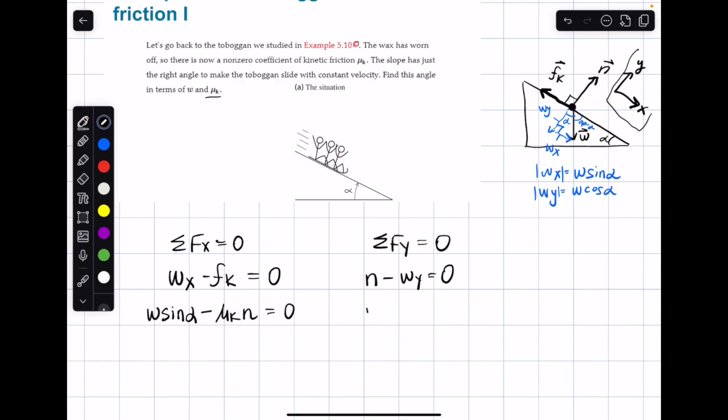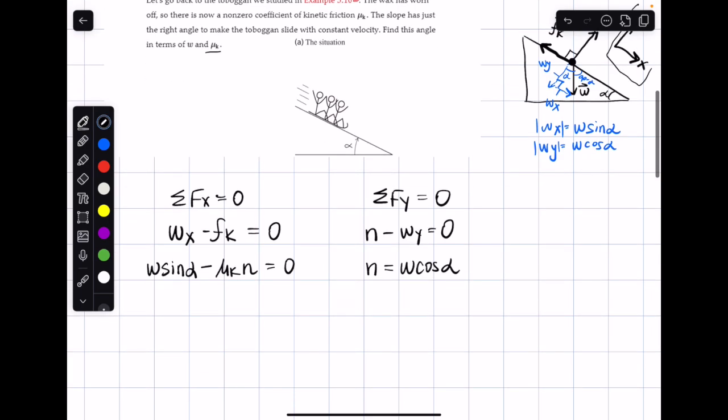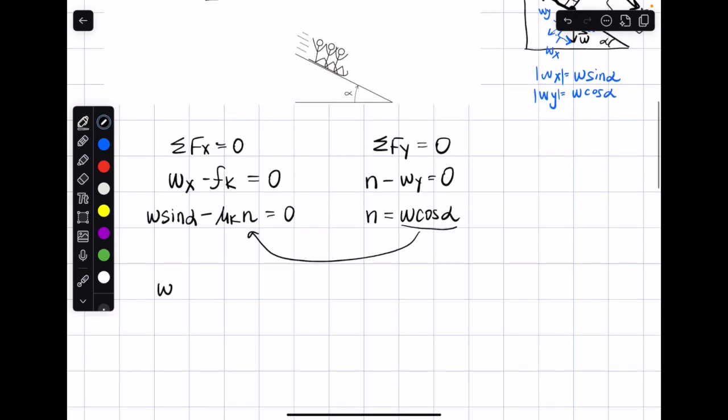And then over here, we don't know the normal force, but we know it's equal to the y component of the weight, which is W cosine alpha. So we can take that unknown, eliminate the N, plug this right in here in order to solve for alpha.